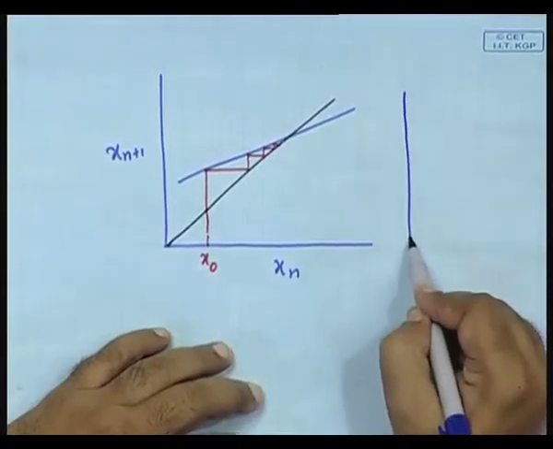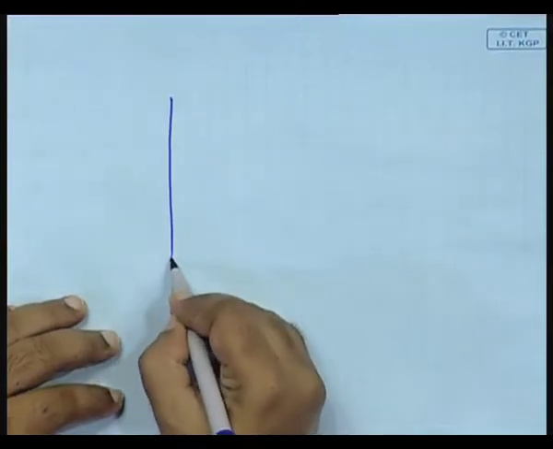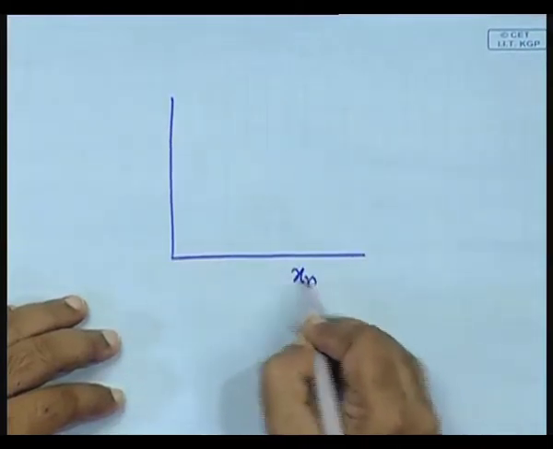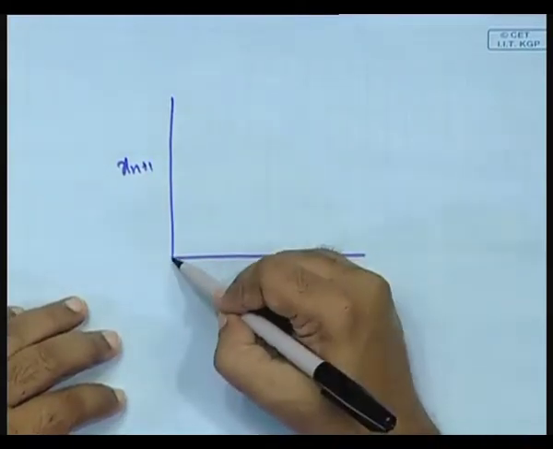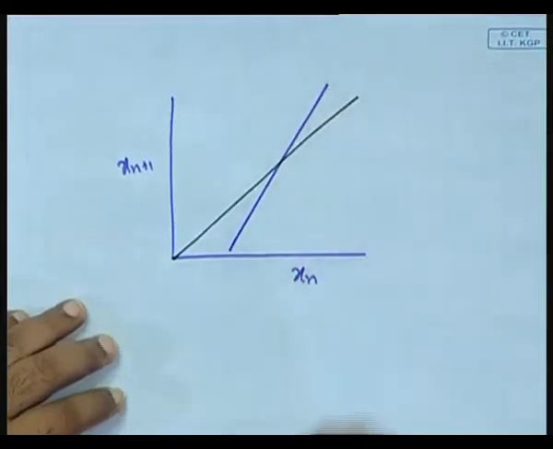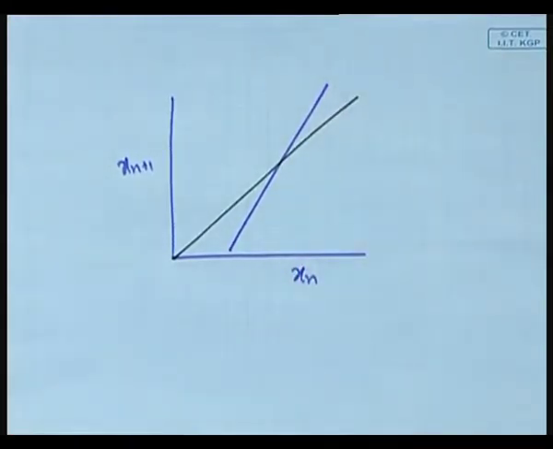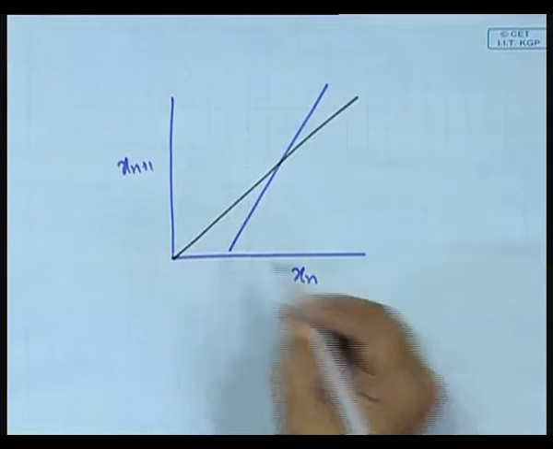Just contrast it to the other case. I'll draw in another page. Suppose the graph of the map is like this, with the slope bigger than 1, and suppose you start from an initial condition, say here.